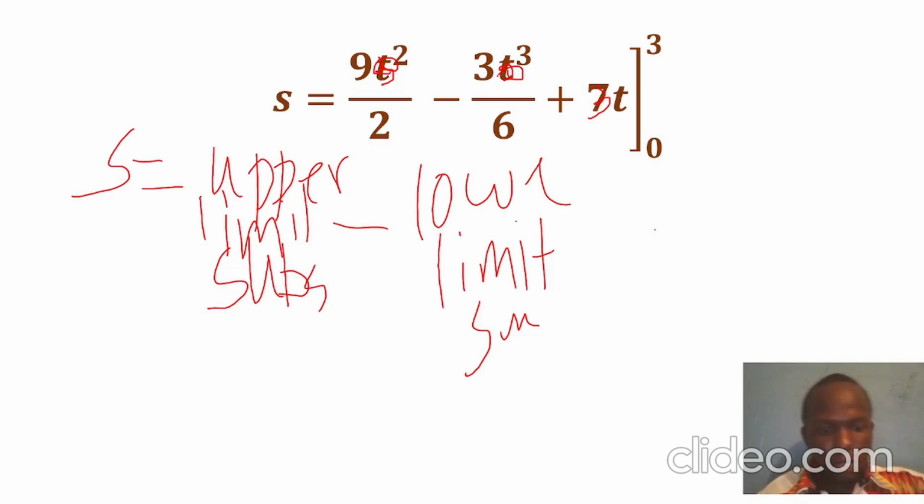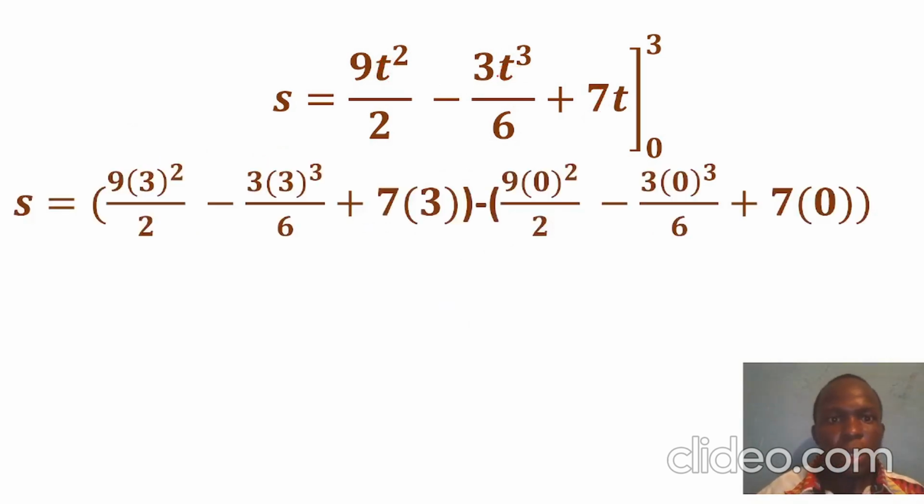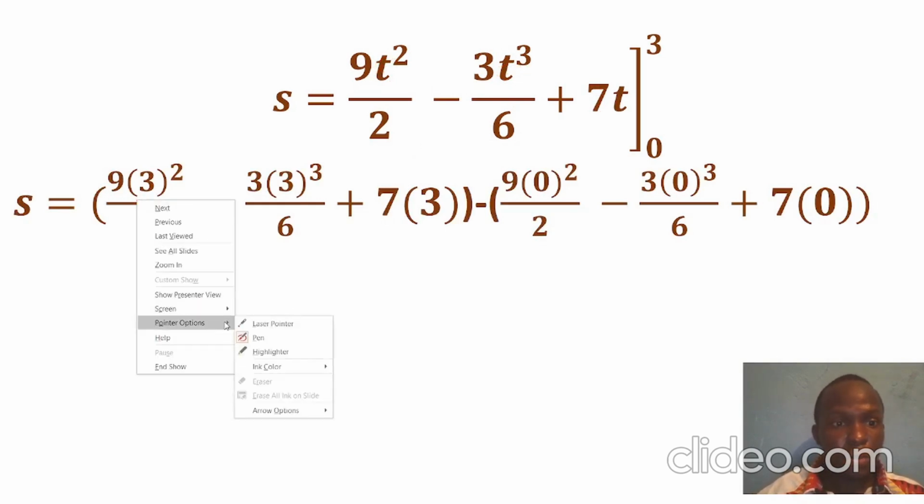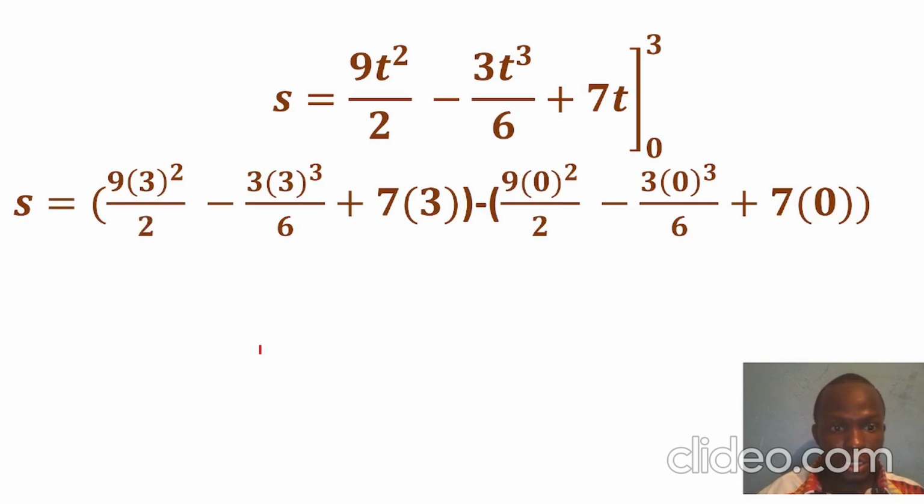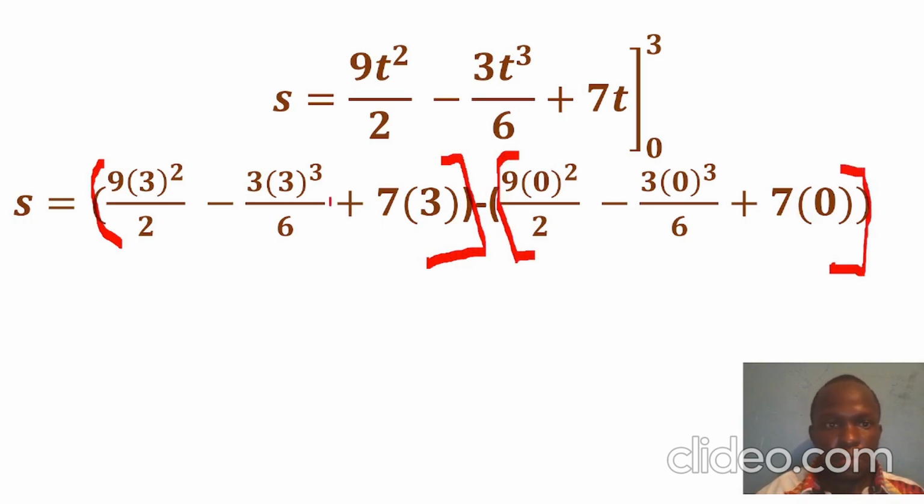So let us see what is going to happen. Let me use a highlighter in this case. You look at that. That is the substitution for 3 minus the substitution for 0. In the first case, we have substituted 3 everywhere.